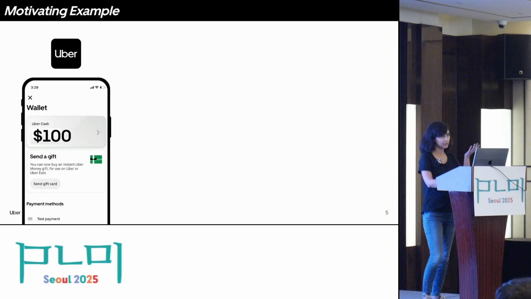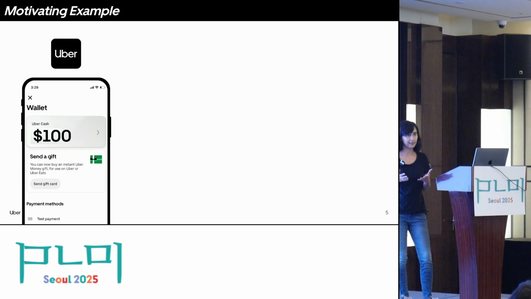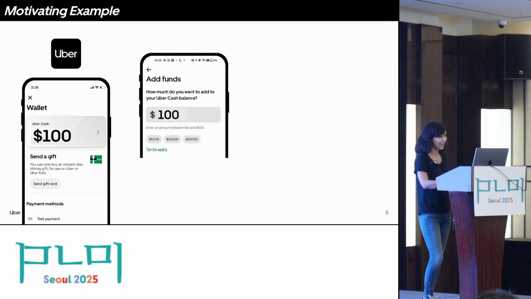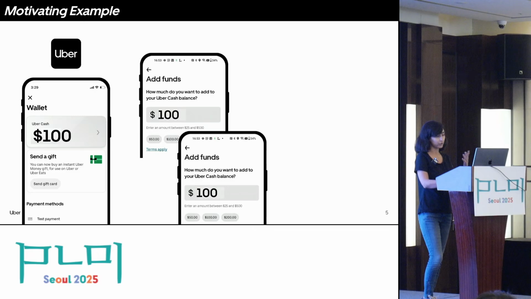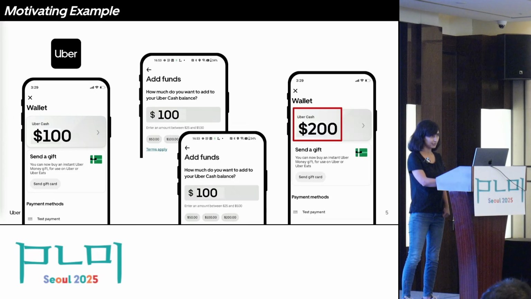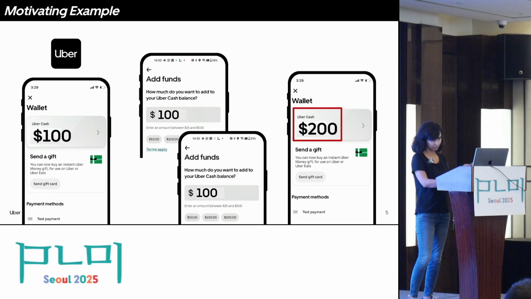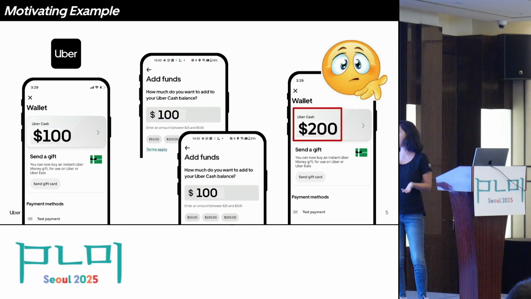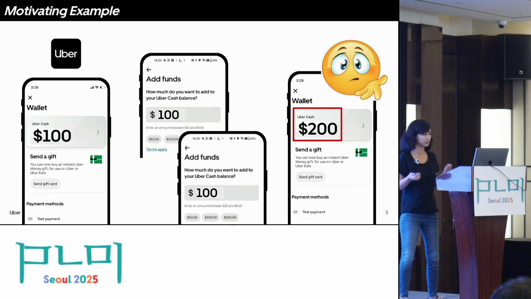Let's imagine there is a user that has an Uber account with a balance of $100. They concurrently add two $100 values to their account, and they expect the updated balance to be $300, but the updated balance might end up being $200 because of the data race bug, which is going to make the user unhappy.